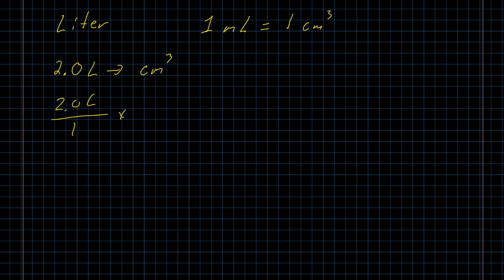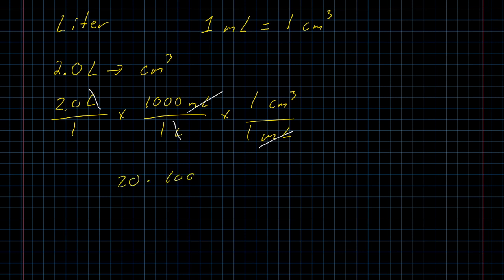I know that there are 1,000 milliliters in 1 liter, and that will cancel out the liters here. And I know that there is 1 cubic centimeter in 1 milliliter, and that will cancel out the milliliters here. So we are left with 20 times 1,000, and the units left are cubic centimeters.